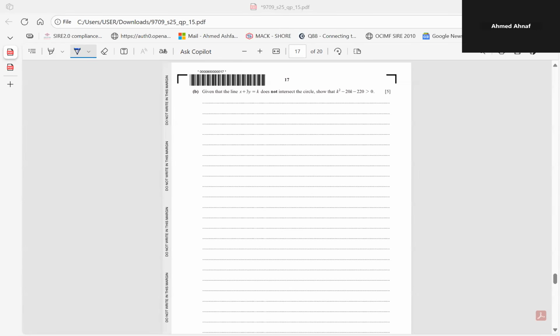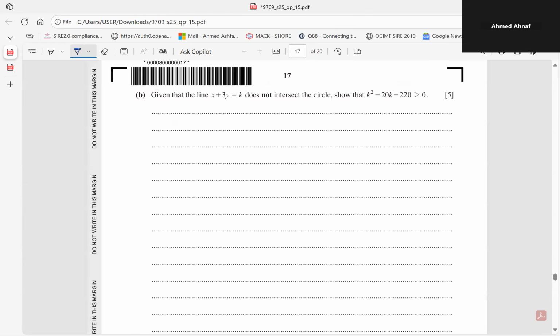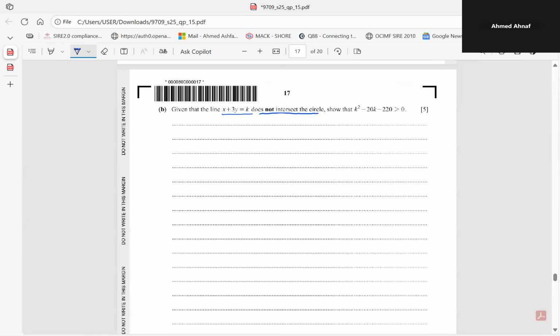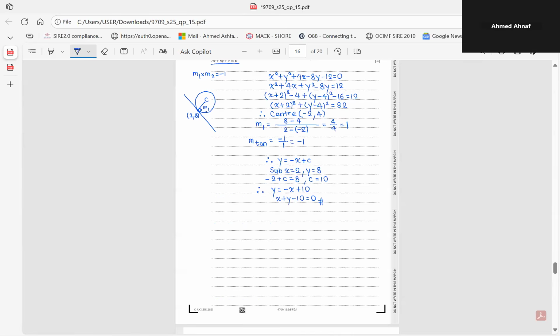Okay, so for this part, we're told that given the line x plus 3y equals k does not intersect a circle, we have to show this result here. Okay, first of all, let's write down the equation of this line and the equation of the circle.